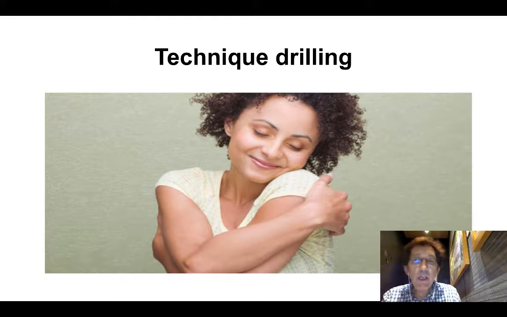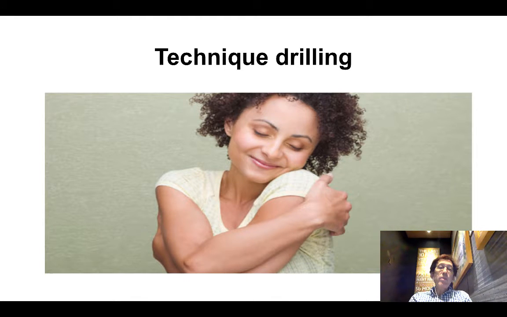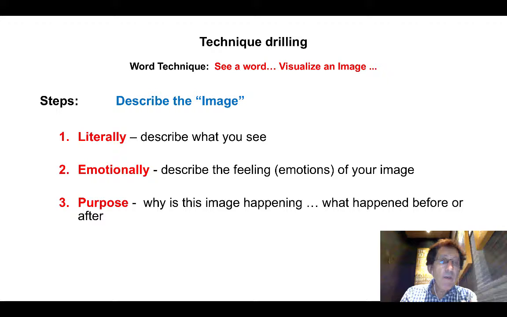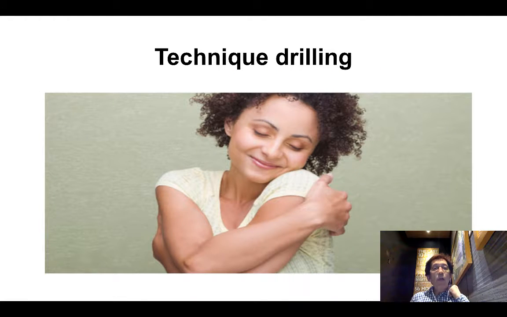So I'm giving you the image right now. Describe the 3 things: describe what you see, describe the feeling inside the picture, or how you feel when you look at the picture. And then 3, the purpose. It's just an exercise. So now we're on page 5, and go ahead.